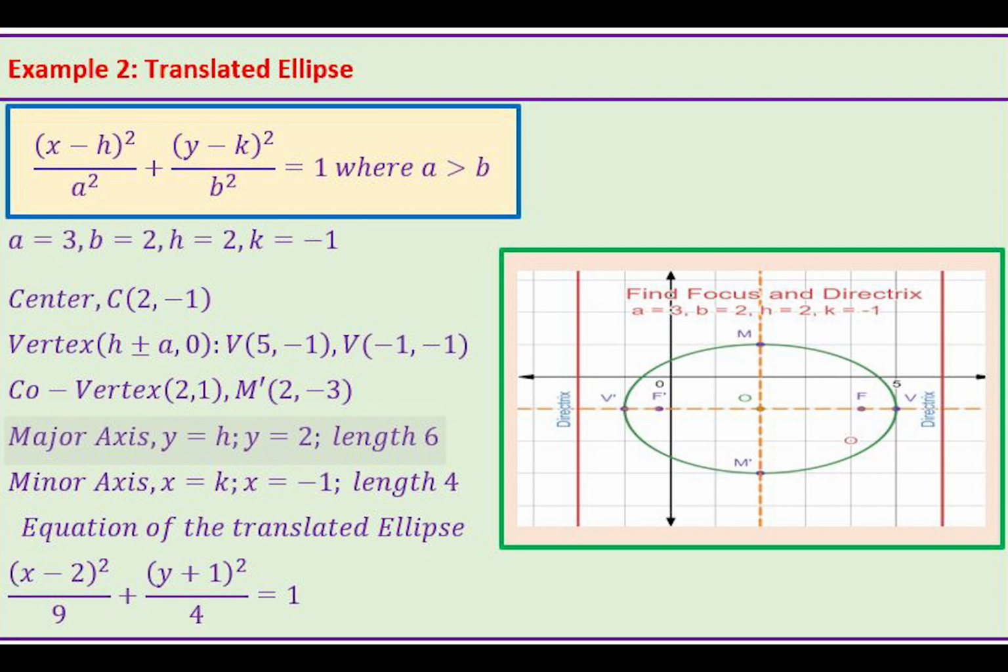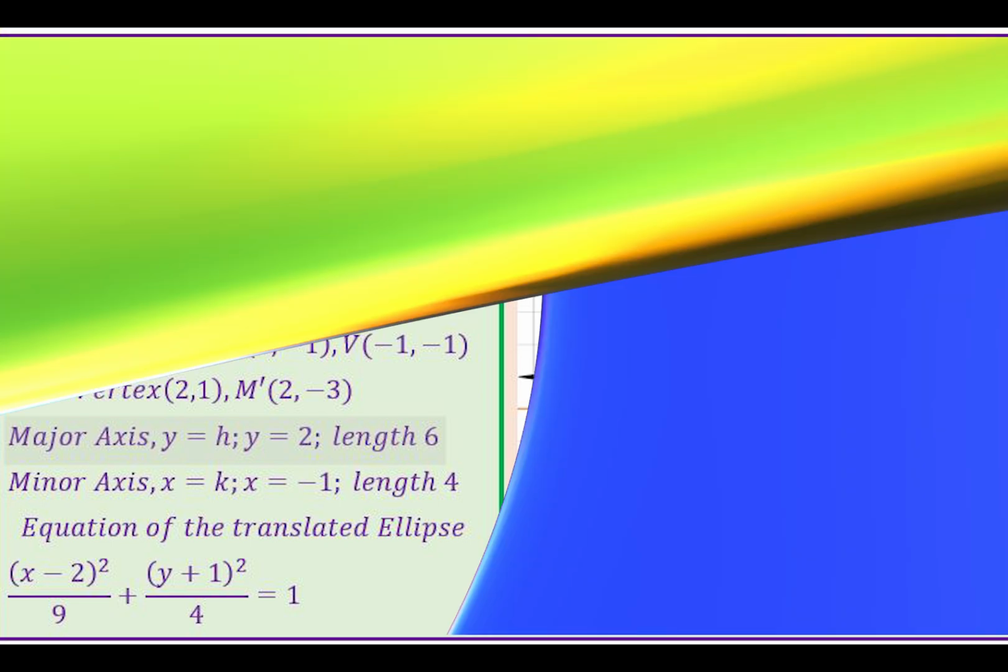You get these values by adding the plus and minus a values to h. The co-vertices will be at (2, 1) and (2, minus 3). The major axis equation will be y equals minus 1, the minor axis will be x equals 2, and the equation of the translated ellipse is (x minus 2) whole squared divided by 9 plus (y plus 1) whole squared divided by 4 equals 1.